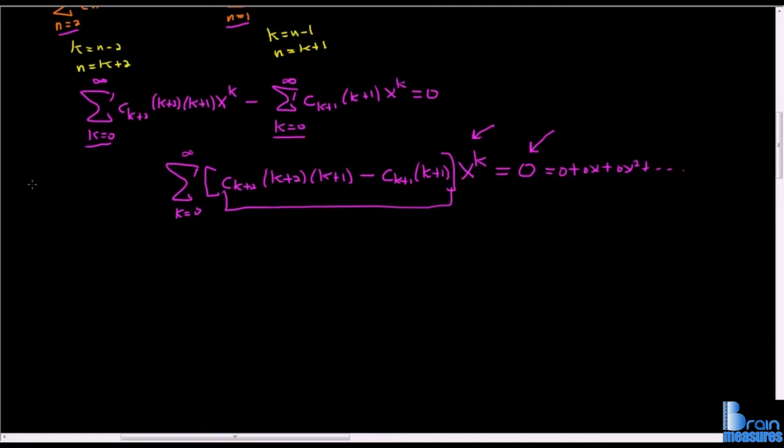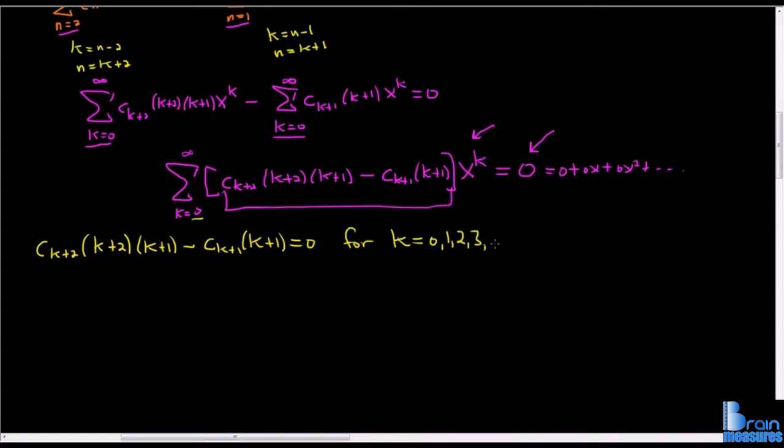So that means that c sub k plus 2 times k plus 2, k plus 1, minus c sub k plus 1, k plus 1, is equal to 0. And this is for k equals, well, k starts at 0, so for k equals 0, 1, 2, 3, etc. It's important to write this down or at least be aware of it, especially in the harder problems.